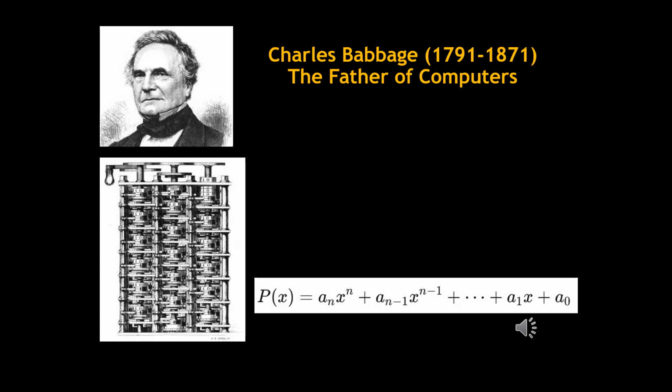Okay, so maybe you have never heard about this guy, Charles Babbage, and he did something that is amazing. He is considered one of the fathers of the computer, and he foreshadowed the appearance of the modern computer by more than a century. So what happened is that this guy that you see here had an idea.